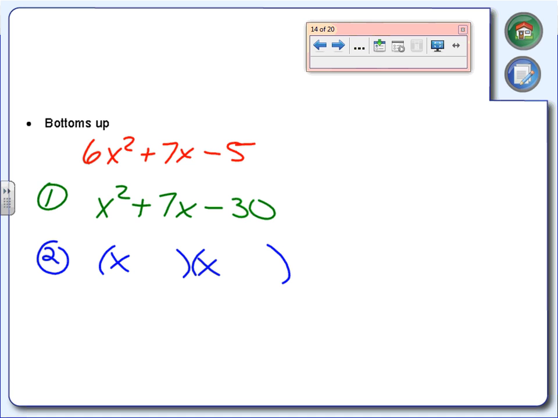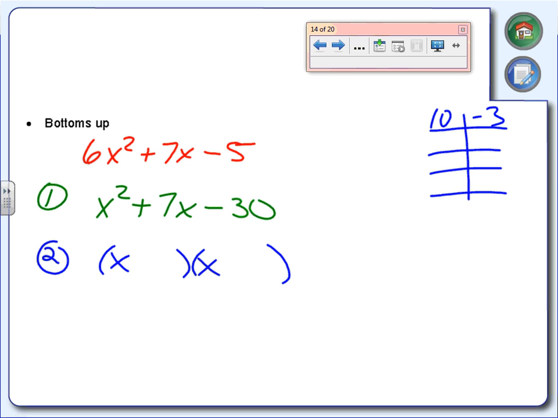Now we have to figure out what two numbers are going to go inside here. So just like we did a second ago, off to the side, we're going to do some scratch work. What we're looking for are some numbers that we can multiply together to get this negative 30. So help me find some numbers that multiply to negative 30. 10 and negative 3.